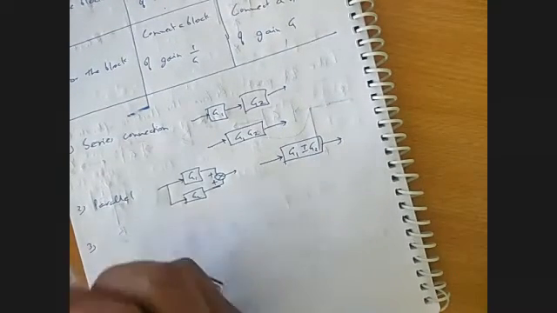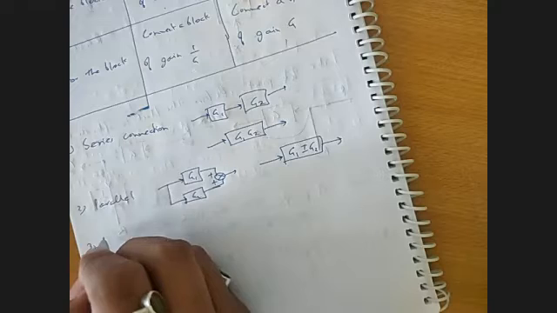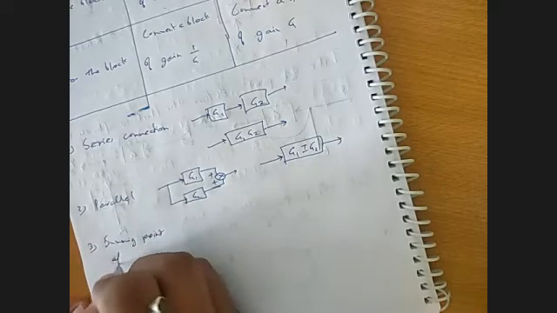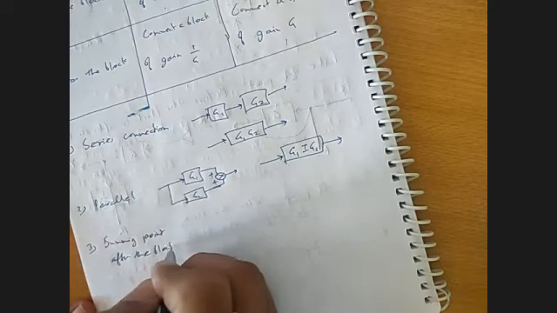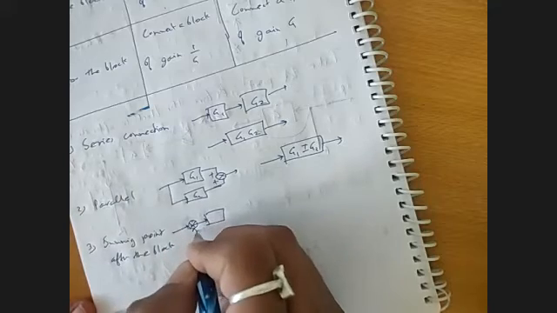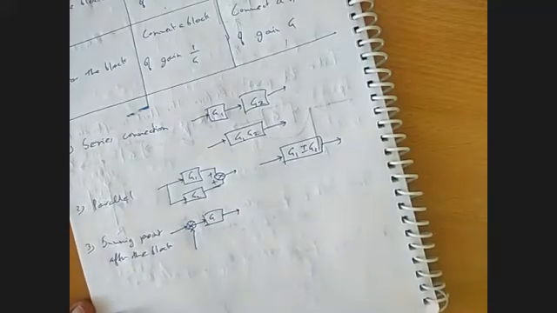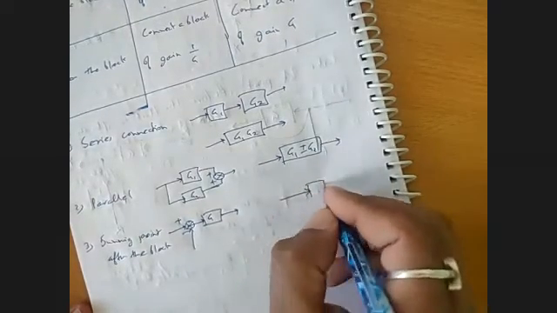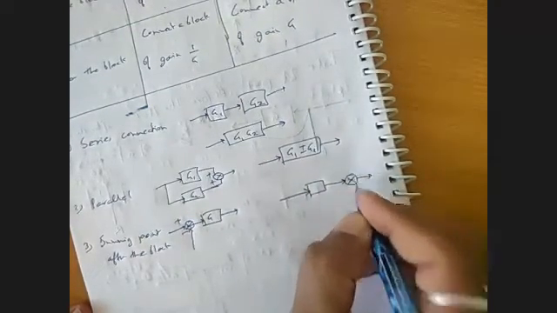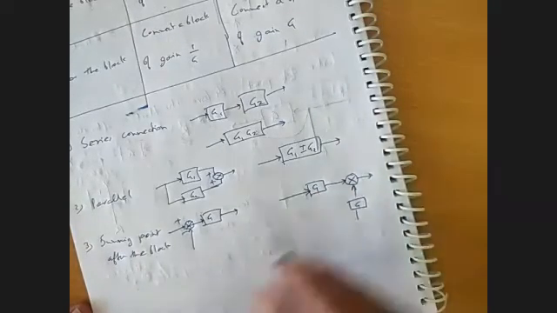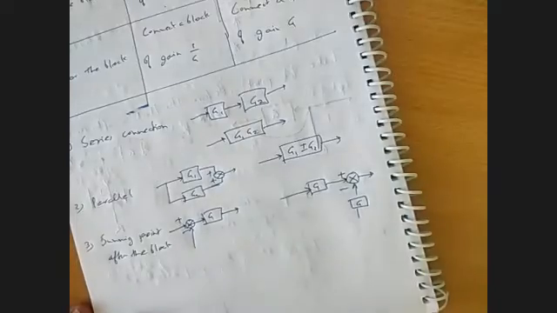Then we have third, summing point after the block. We have a summing point before the block, and when we shift it after the block, we will connect the same G in the feedback path.